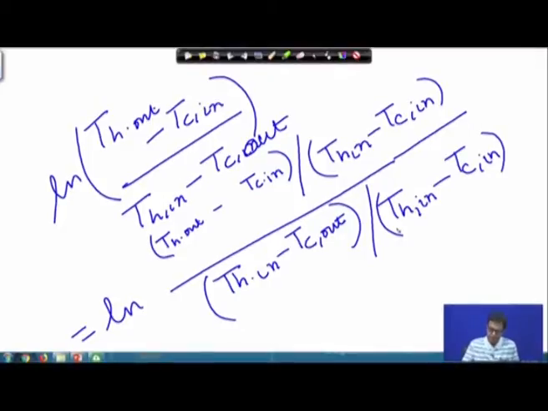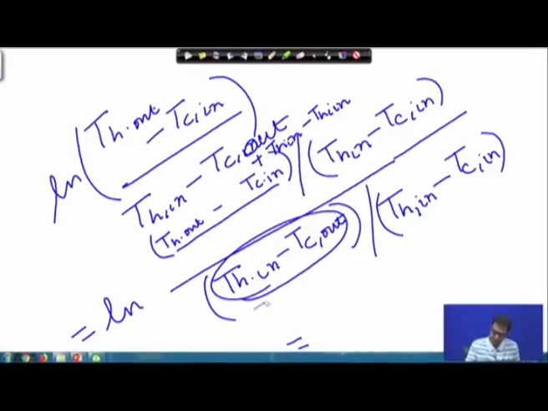So, this will not change the equation as such. Now, with this part we will add and subtract T_H,in, and for this one we will add and subtract T_C,in.